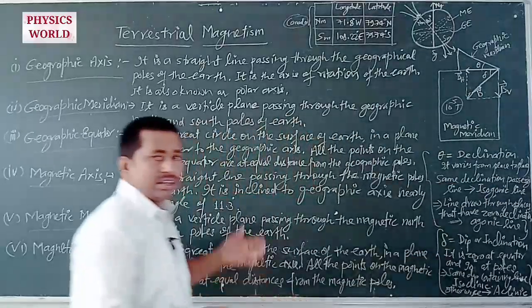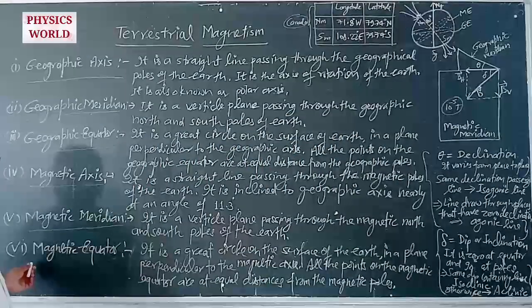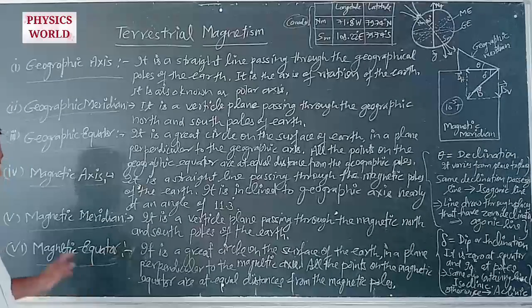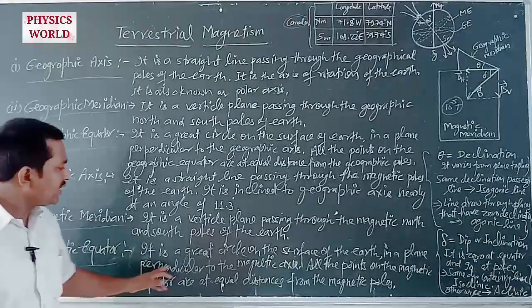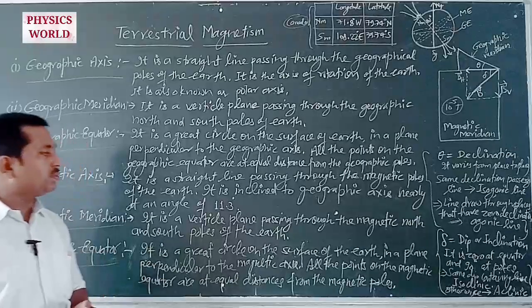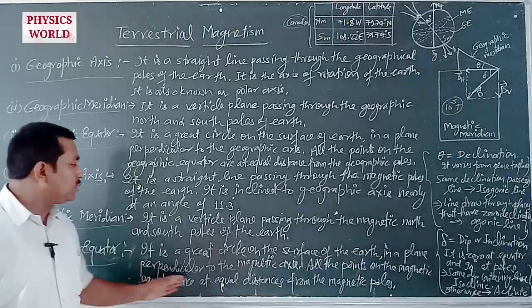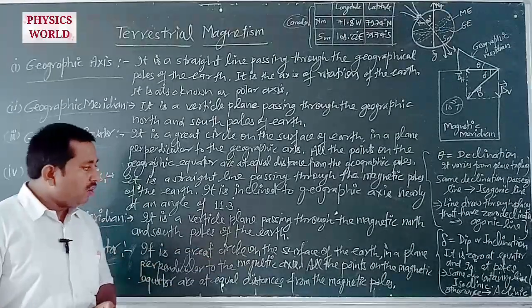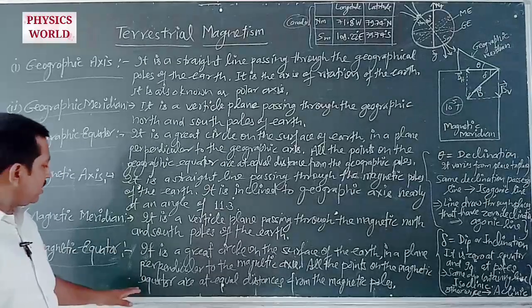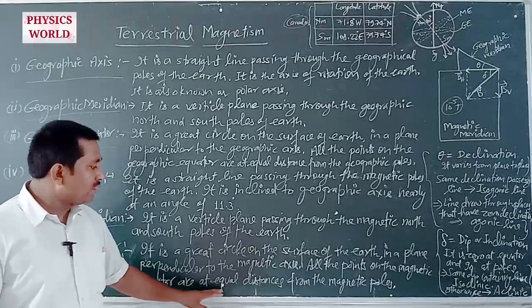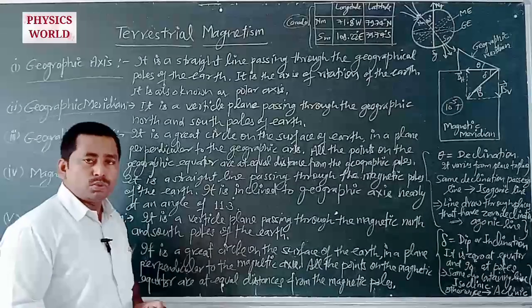We will define it later. Now come to the last concept, the magnetic equator. It is a great circle on the surface of the Earth in a plane perpendicular to the magnetic axis. All the points on the magnetic equator are at equal distances from the magnetic poles.